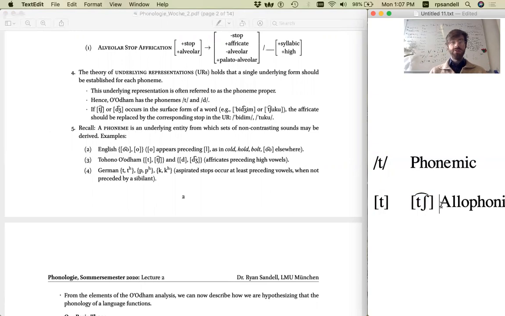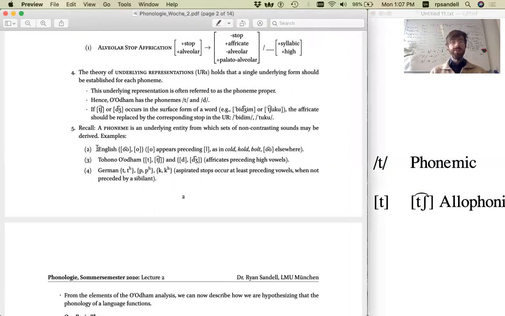They're simply not contrastive. So to take a couple other instances, the English diphthongal vowel O and its monophthongal form O are not contrastive.